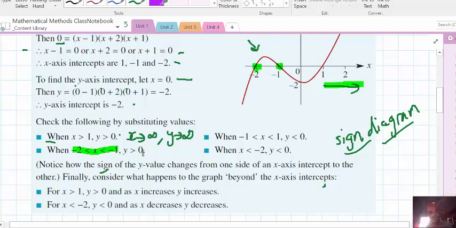You can sub some values in and look at the nature of the function, and you know that it's going to always be positive there. When x is between -1 and 1, y will always be negative. When x is less than -2, so that's going out that way, y will be negative.